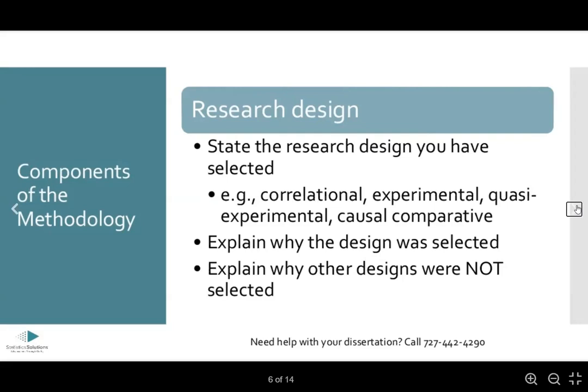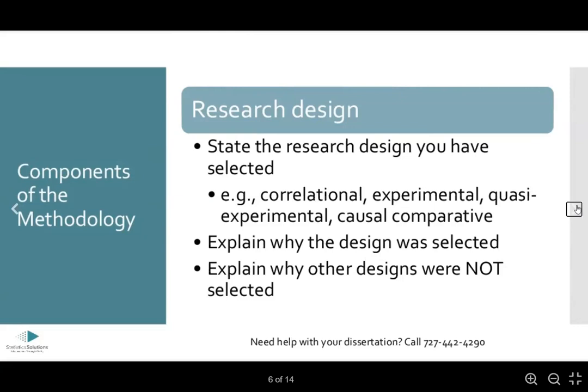And then when you are showing how other designs don't make sense, you might say something like, you did not select an experimental or quasi-experimental design because you have a study that does not have to do with comparing experimental groups, or maybe the variables of interest in your study cannot be manipulated.